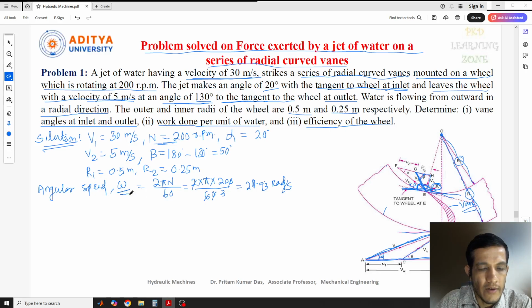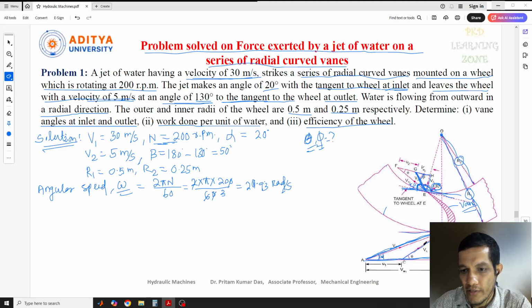Okay, now we have calculated omega. So from here again we need to find out, before calculating the angles, the Venn angles at inlet and outlet condition. We need to identify theta and phi. Theta is the Venn angle at inlet condition and phi is the Venn angle at the outlet condition.